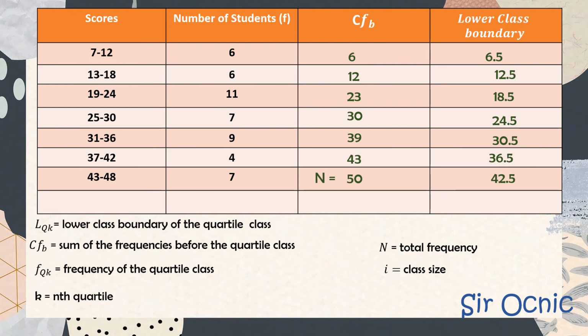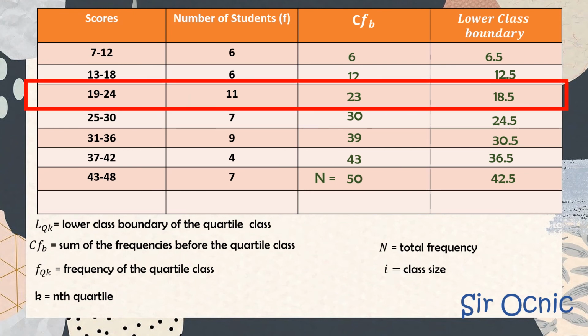The 12.5th score lies inside the class interval 19 to 24. This will now be our quartile class. The lower class boundary of our quartile class is 18.5, CFB is equal to 12, FQK is equal to 11, K is equal to 1, N is equal to 50, and I is equal to 6.